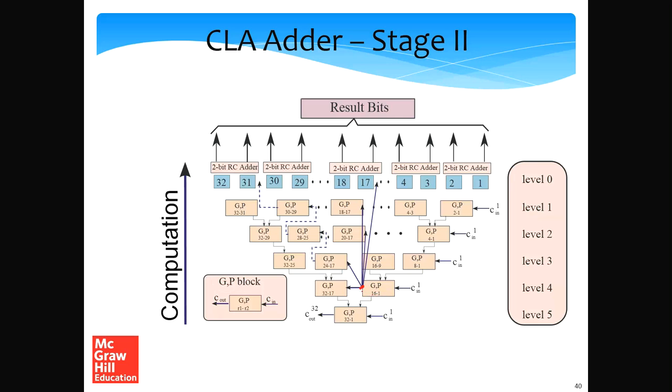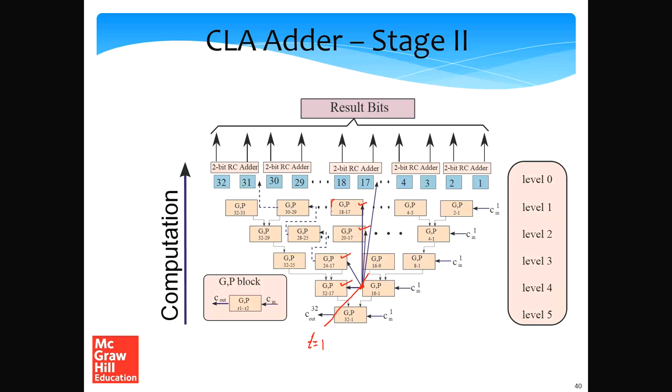So for this particular block, since we know the carry out after the 16th bit pair, it can be connected to all the other GP blocks which start from the 17th bit pair. For example, this one, this one, this one, and this one. So at t equal to 1, when the carry out of this block is available, it can immediately be sent to the rest of these 4 blocks.